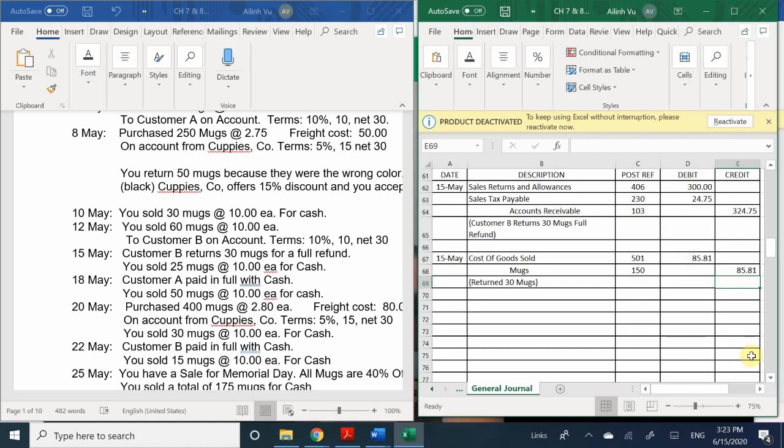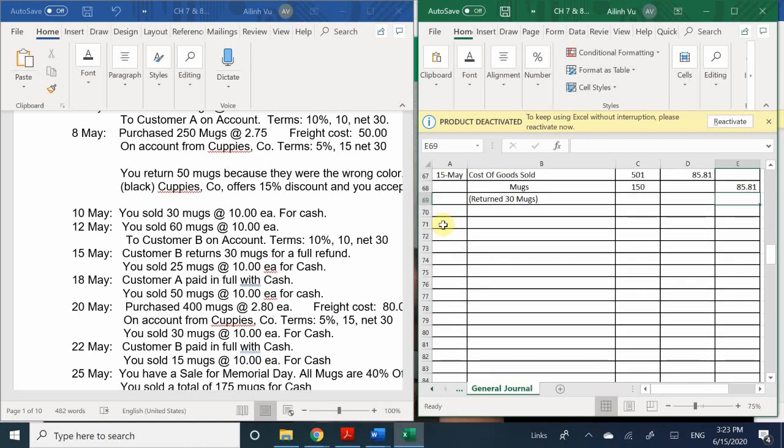So the last thing that we did on the 15th of May. You sold 25 mugs for $10 each for cash. Perfect. All right. Cash. Right. Sales and sales tax. Sales. Yep. And oopsies. Oh man, I made this one so far out.